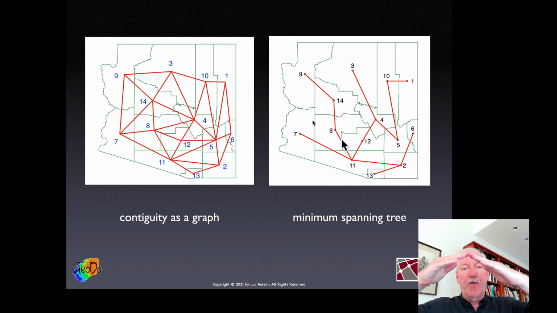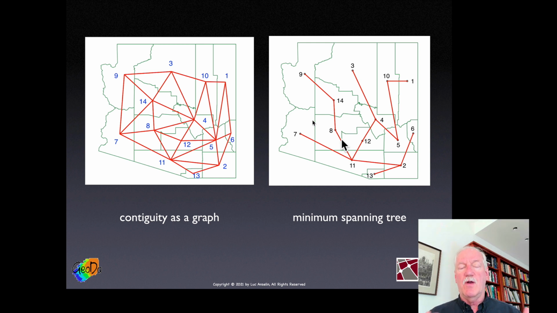You start at the top with the maximum sum of squares, the total sum of squares. Once you cut it in two, each part has a smaller internal sum of squares. So this criterion of the sum of all the dissimilarities starts to go down, starts to decrease.